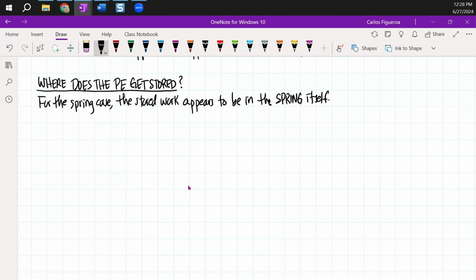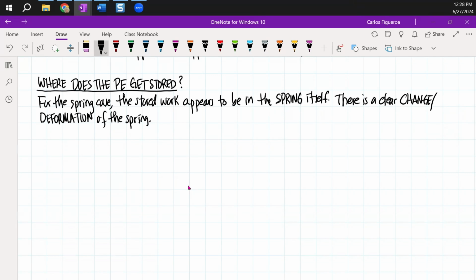And the reason why is that there is a clear change, and I'm going to say deformation just because I don't have a better word at the moment, of the spring. So let me show you what I mean by that.